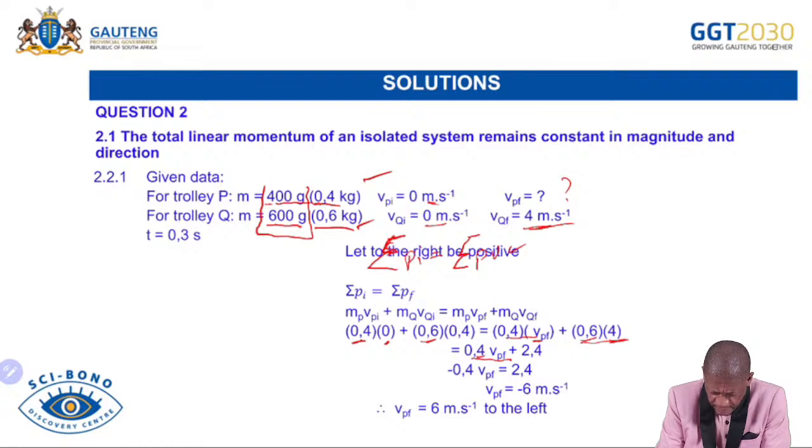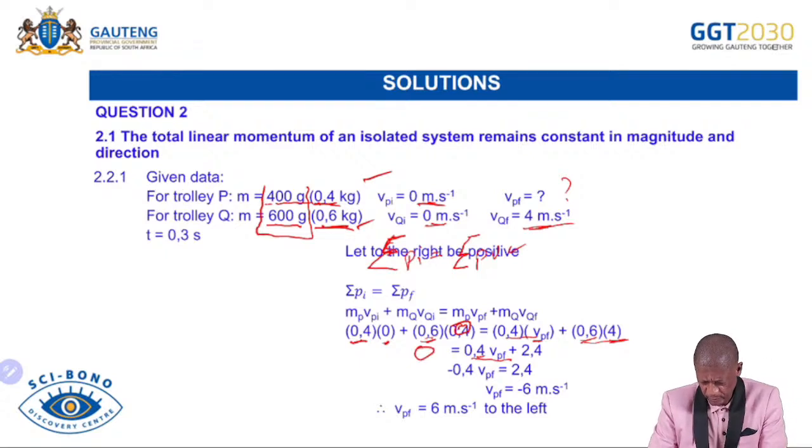This is the mass, and this is the velocity. This should be 0 there, right? So this side, what we've got is 0.